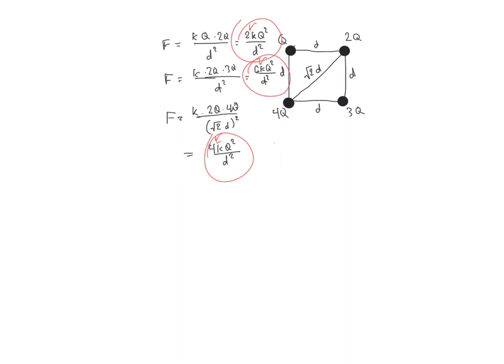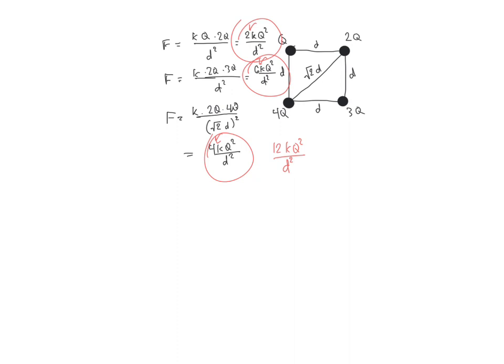And if you add them together, you get 12 kq squared over D squared. But that's not the magnitude of the net electrostatic force on charge 2Q. Even though we figured out the force due to each of the three charges, why is that not the force on 2Q? And it's a pretty simple reason, and it comes down to the fact that forces are vectors.